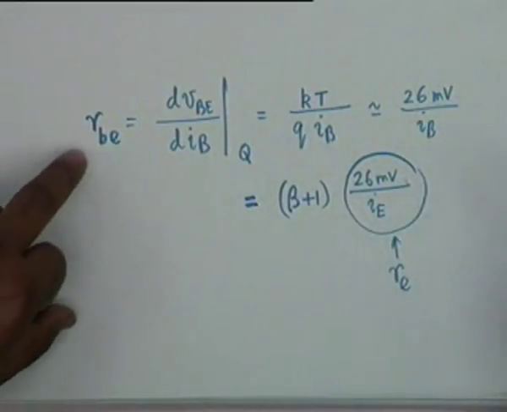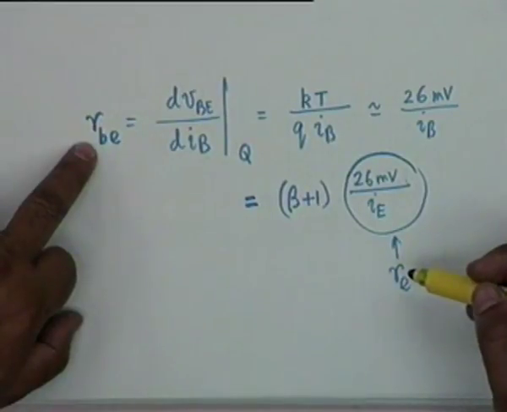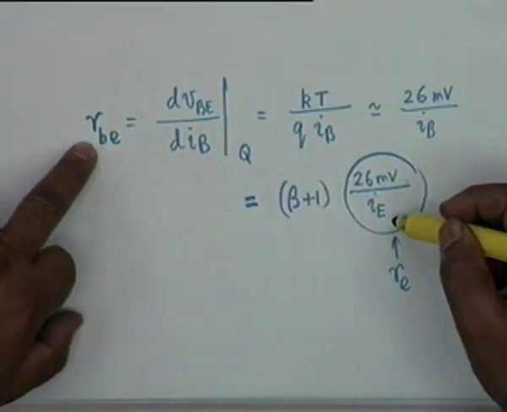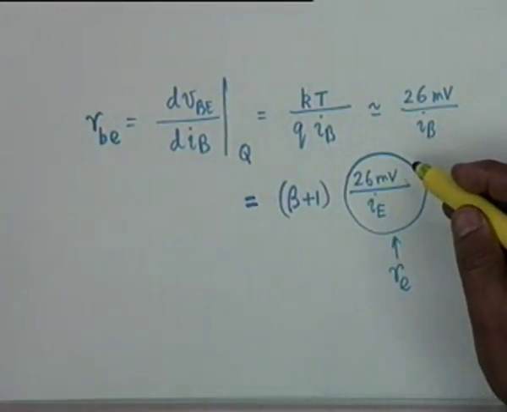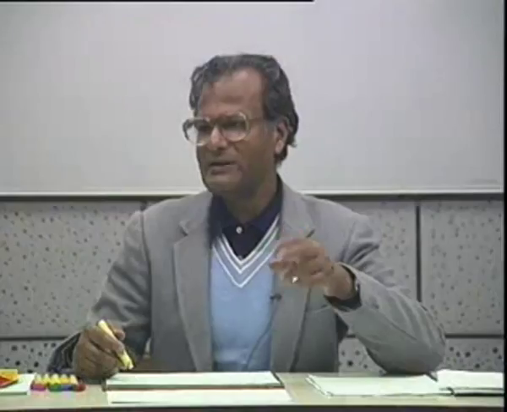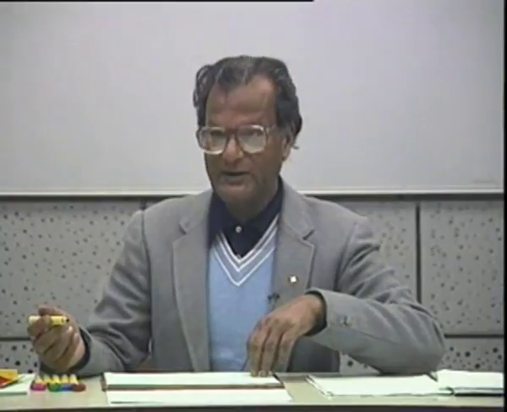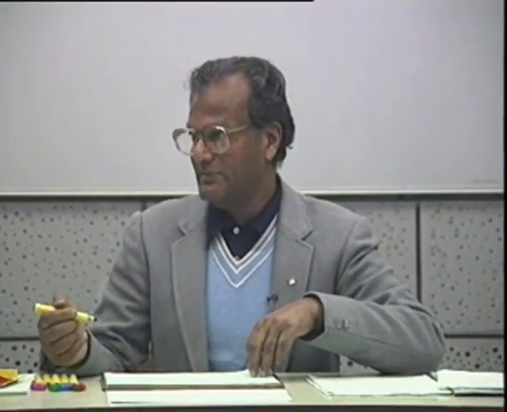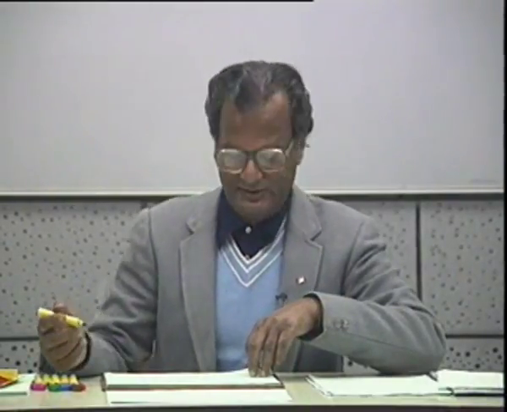You see, the difference of resistance RBE and RE occurs because the reference current in one case is IB and the reference current in the other case is I sub E. They differ by a factor of beta, actually beta plus 1, but beta is very large, so beta plus 1 is okay. Therefore, in AC modeling of a transistor, between the base and the emitter you need a resistance RBE.